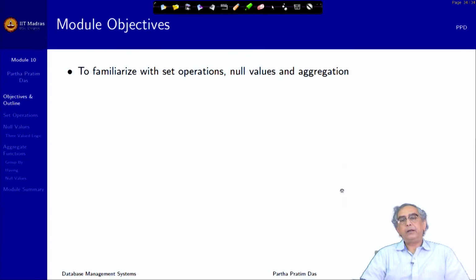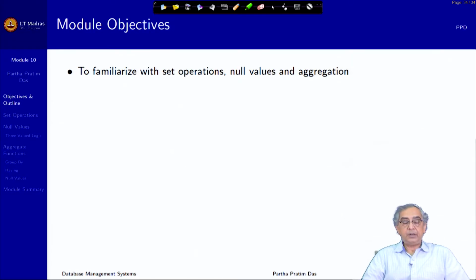So, continuing on that, in this module we will talk about some other ways of doing operations in SQL, not only being limited to the basic structure. This will include set operations.